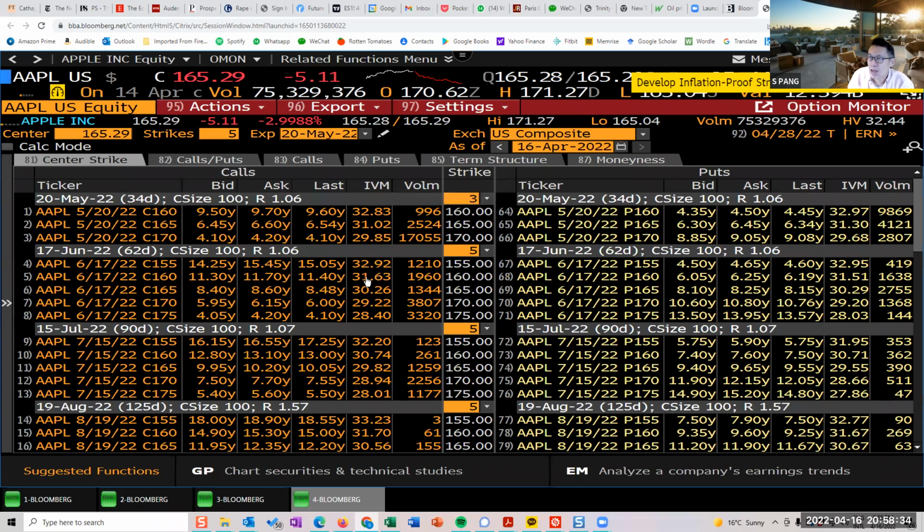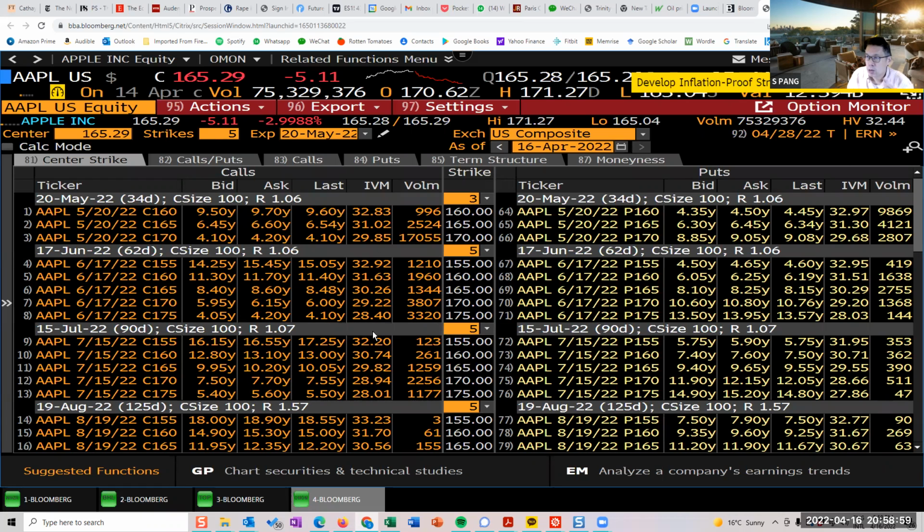First of all, when you go down, this is for options maturing 20th of May. But there are options every week; they're only showing them monthly. And then you look at the one maturing middle of June. The volatilities are different.